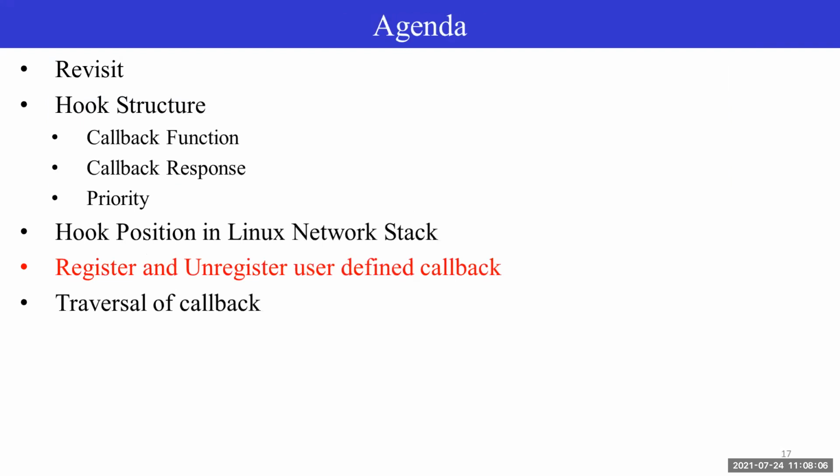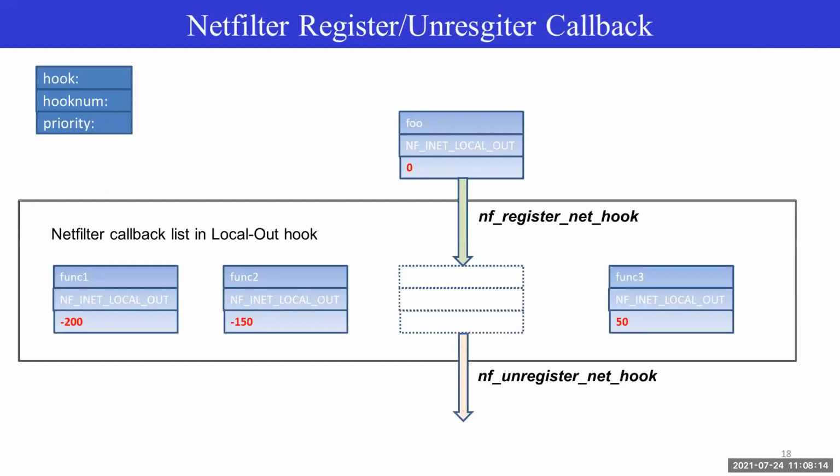So next is how to write your own callback function and register it to the system. Here we have given an example of using the local out hook point, but that is valid for all other hook positions also.